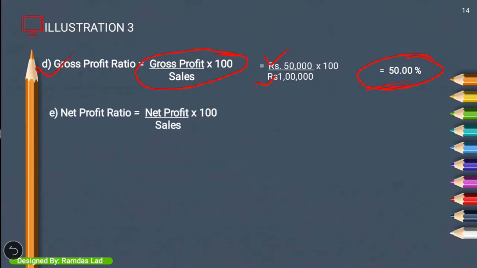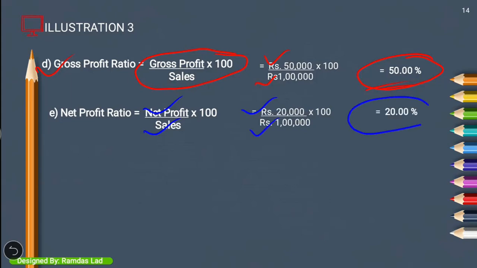Net profit ratio: the formula is net profit divided by sales into 100. The net profit is 20,000 divided by sales rupees 1 lakh into 100, so this will be 20%. Net profit ratio is 20%.